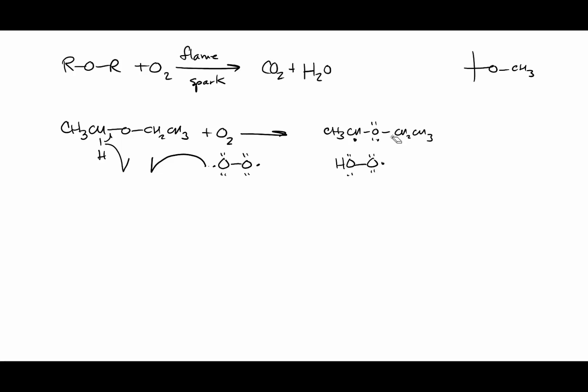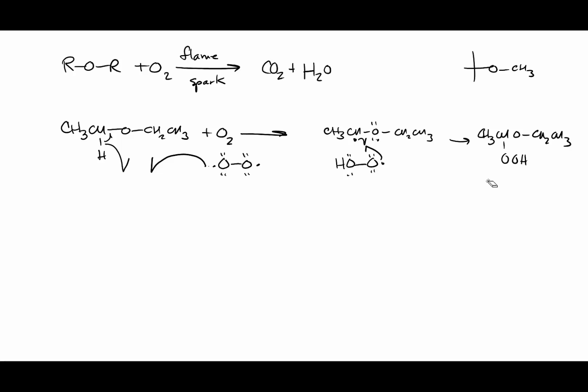Now, what happens is that the other end of the peroxide, or what's going to become a peroxide, the other end of the oxygen molecule just pairs up, couples with that C dot. So one end of the oxygen gas pulls the hydrogen off, and then the other end adds to that carbon radical so that we end up with the OOH on the ether.